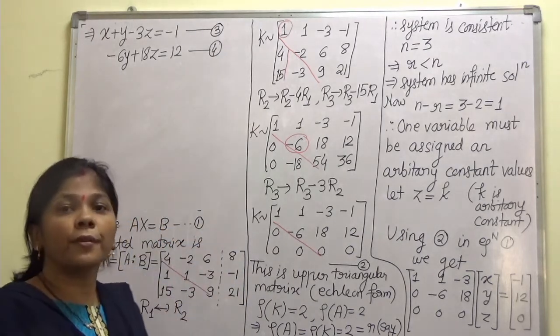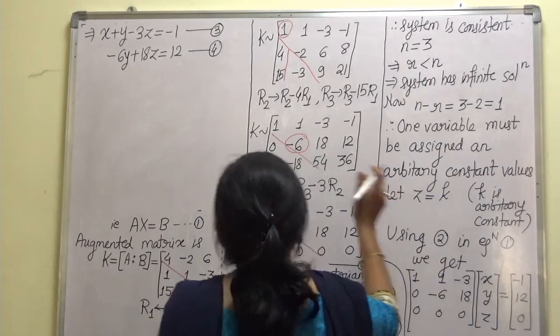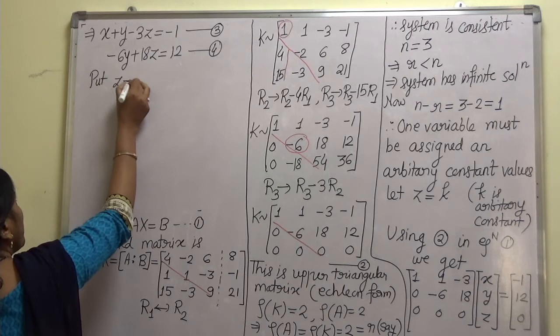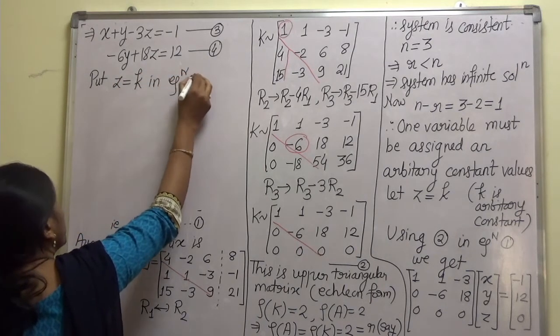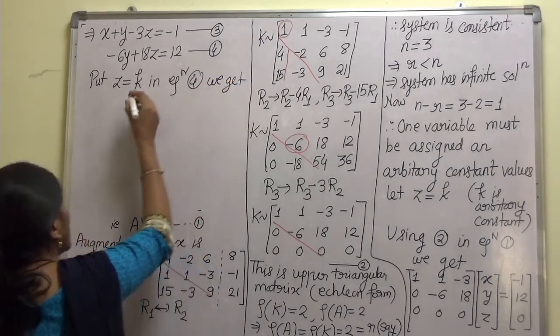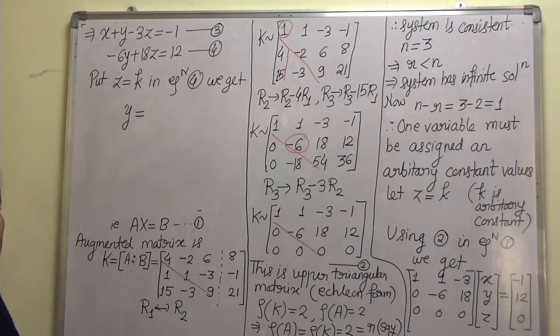We have to find out the values of y and z. So let us make use of the value which we know. Put z equal to k in equation 4. We find the value of y. Put z as k.